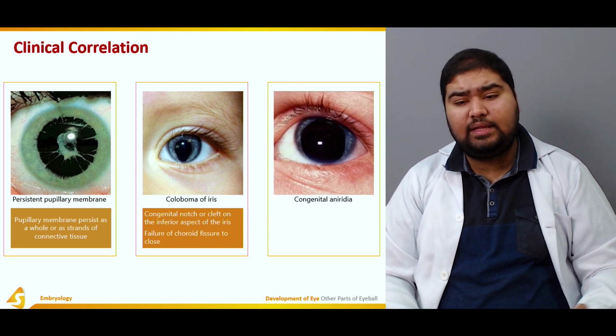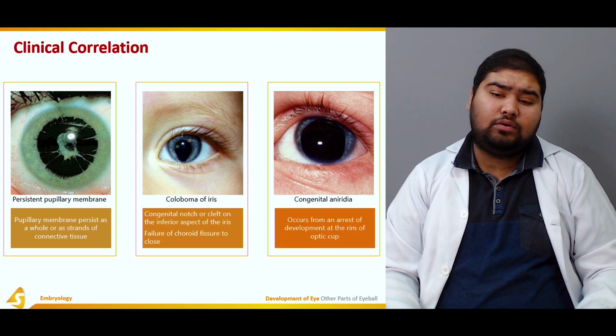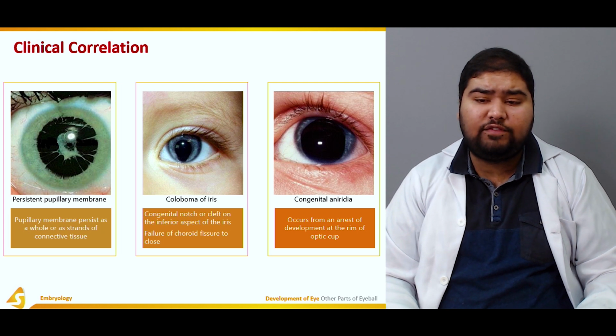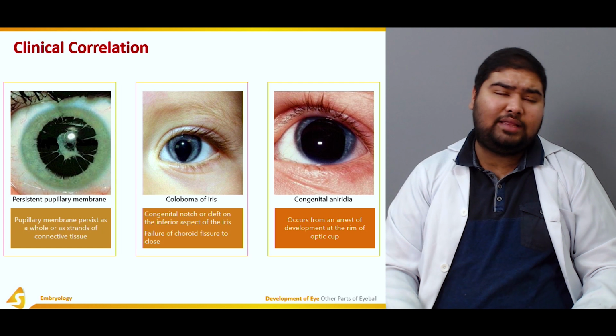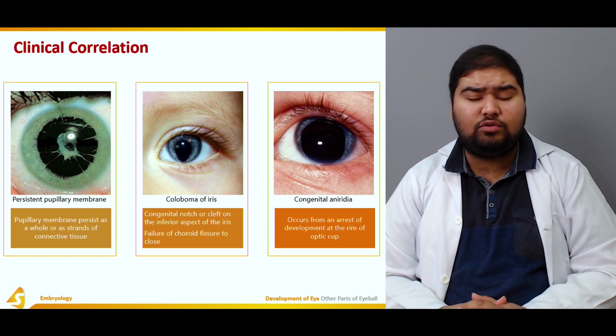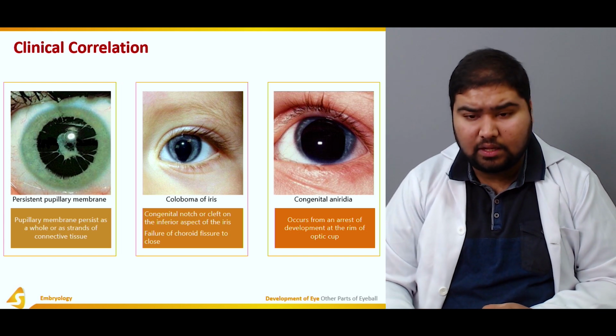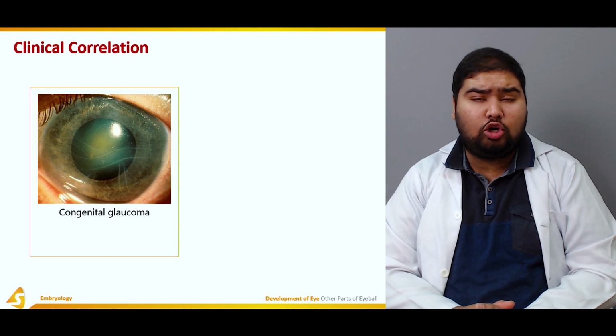And we can then have congenital aniridia. It occurs from an arrest of development at the rim of the optic cup. So at the rim of the optic cup, there is arrest of development, so we do not have an iris. Moving on, we can have congenital glaucoma.